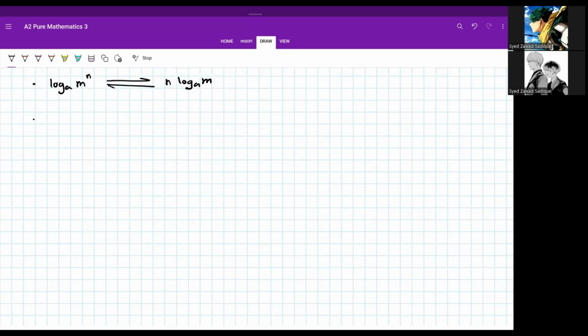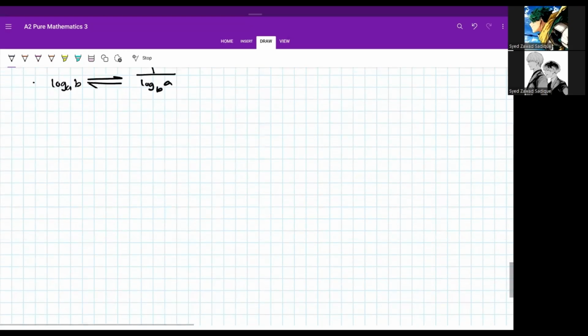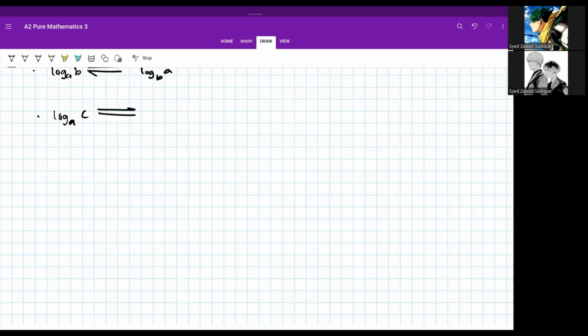Another formula is changing the bases, reversing it actually: log b a is 1 by log a b. To introduce a new base: log a c over log a b.